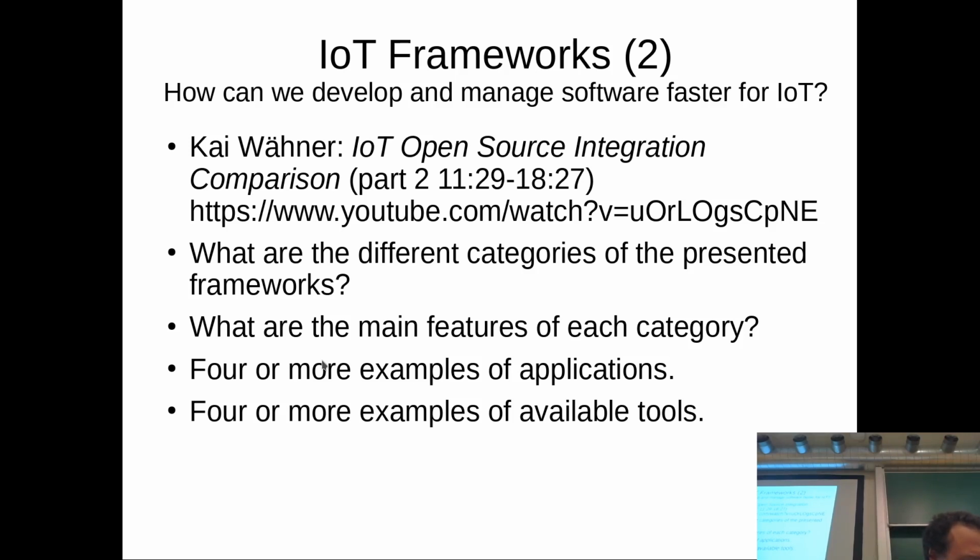What did he present? What was the first category? Data pipelines. Second category? Stream processing. And third, maybe somebody else? Process engine. Okay, those were the 3 categories of frameworks he presented.